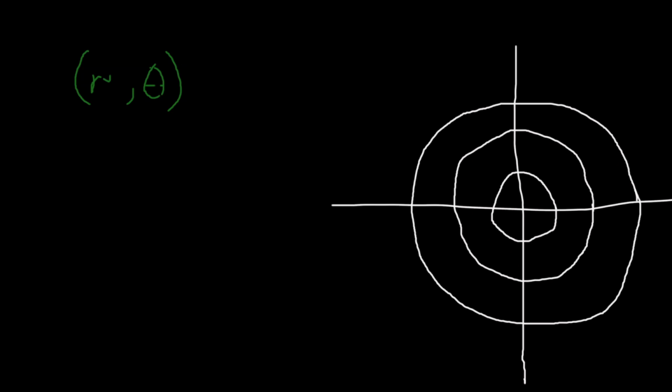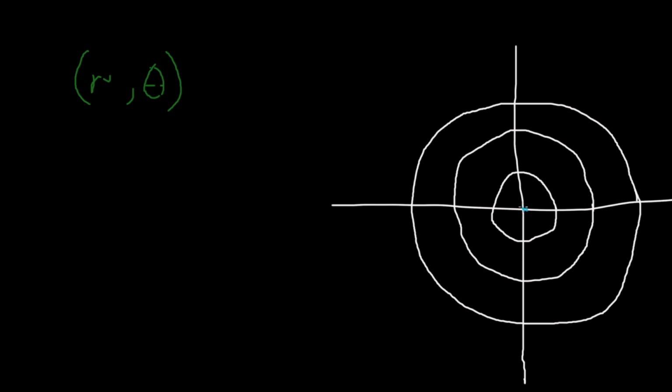And what do I mean by this? So this is the polar plane with three concentric circles.